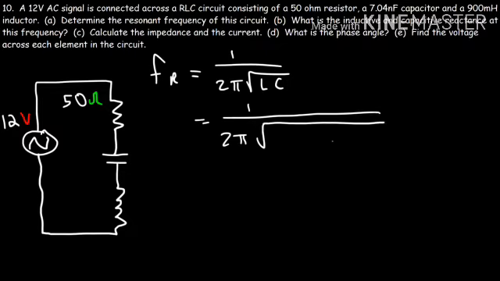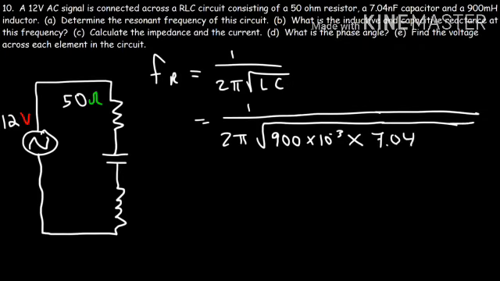In this problem, L is 900 millihenries, or 900 times 10 to the minus 3. And the capacitance is 7.04 nanofarads, or 7.04 times 10 to the minus 9 farads.